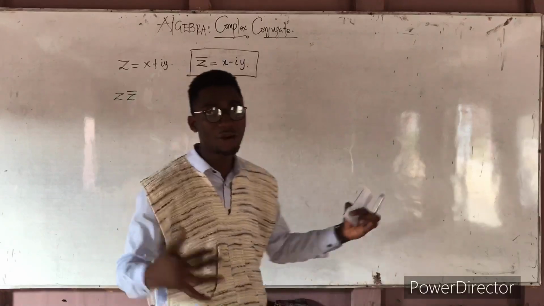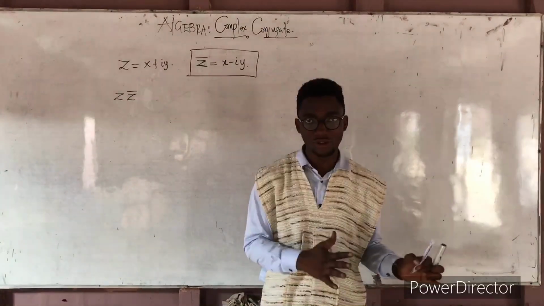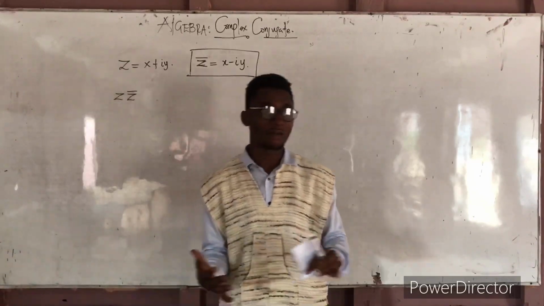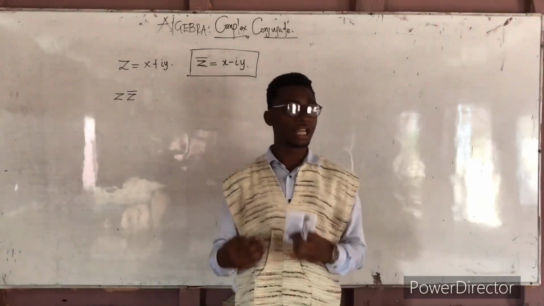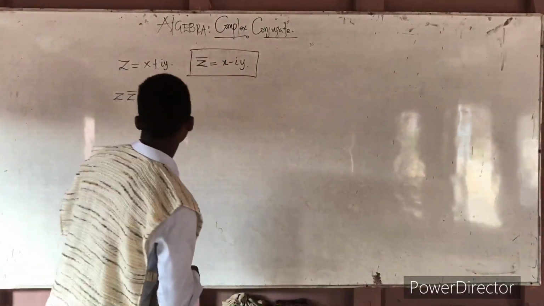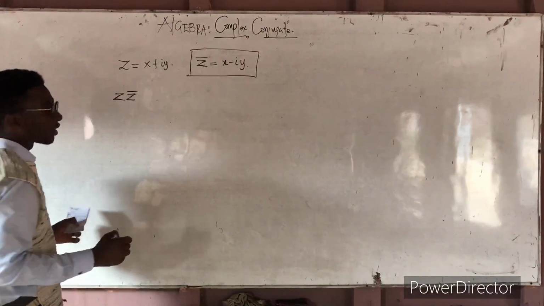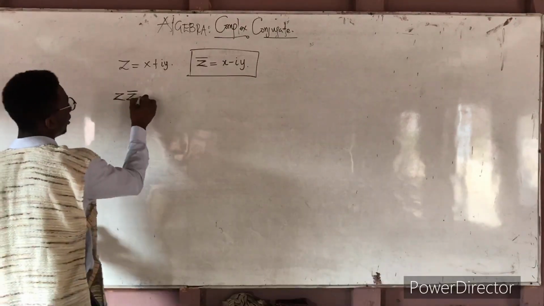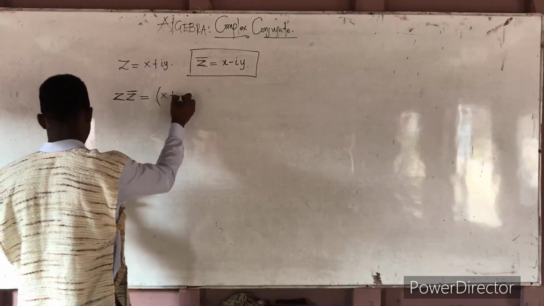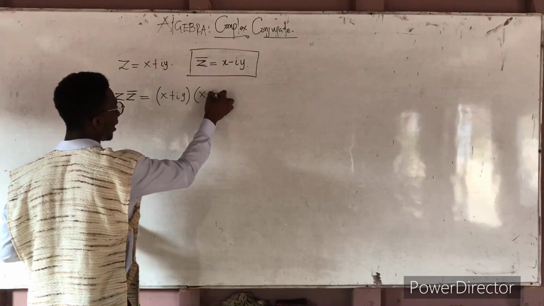So when we multiply the complex number by its complex conjugate, it will give us a real part. This is what we get: x plus iy multiplying x minus iy.